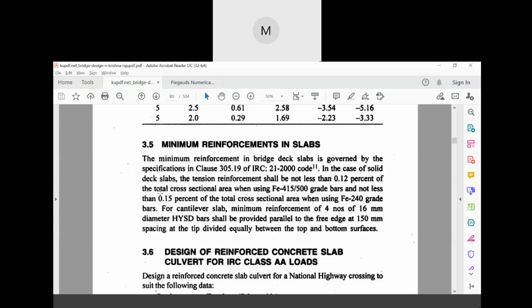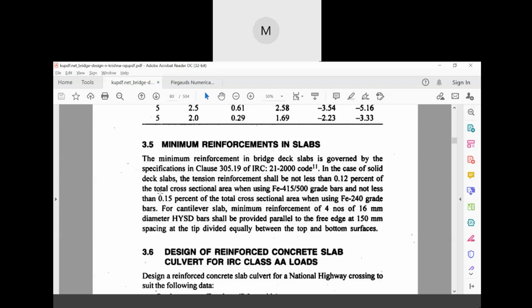Now for a cantilever slab, the minimum reinforcement of 4 numbers of 16 mm diameter HYSD bars shall be provided parallel to the free edge at 150 mm spacing. So this is the minimum and the basic conditions that are required to be considered.